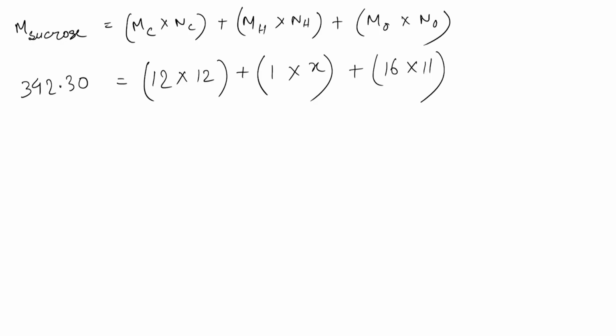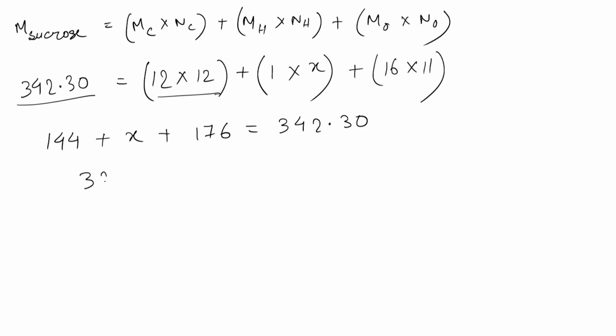So this is equal to 342.30. So we get 144 plus X plus 176 is equal to 342.30. So 320 plus X is equal to 342.30.